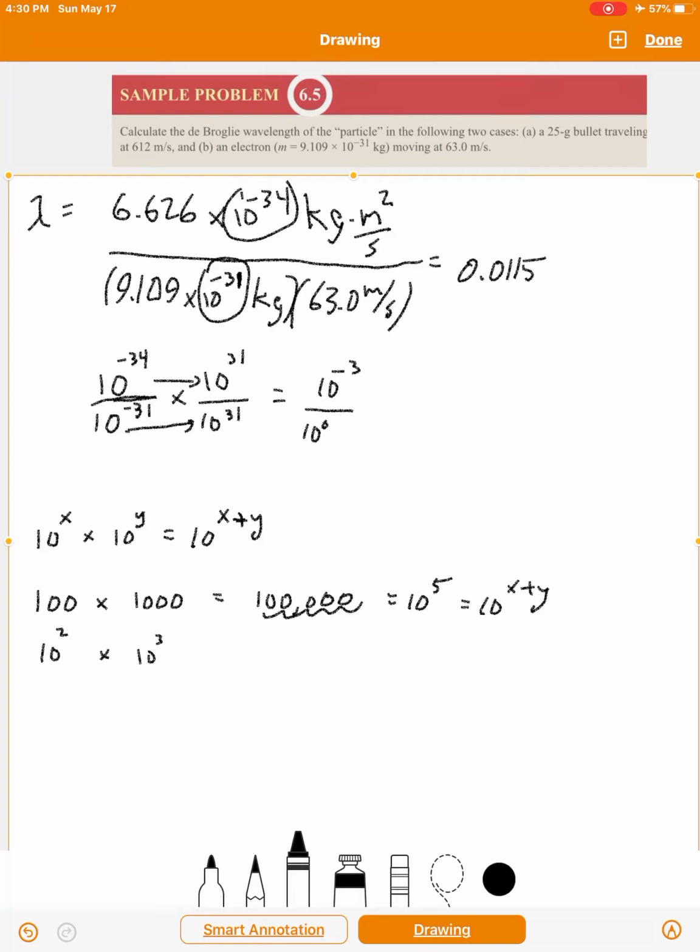But by definition, 10 to the 0 is equal to 1. So this just becomes 10 to the minus 3 over 1, which is just 10 to the minus 3. So times 10 to the minus 3. Now I can move this over a couple more places and get 1.15, and it'll be times 10 to the minus 5.